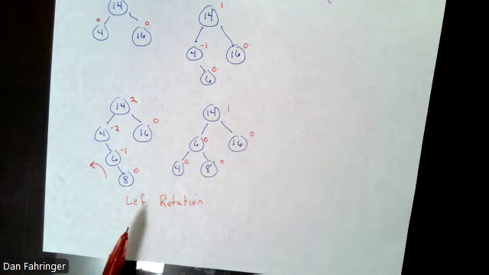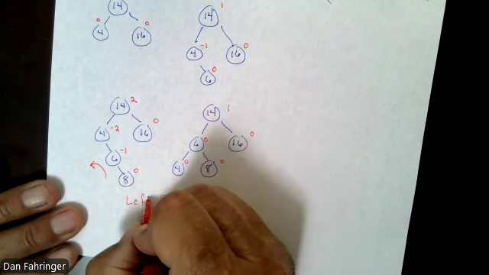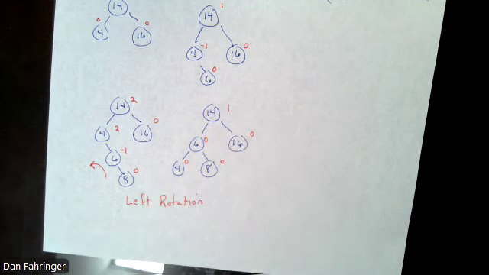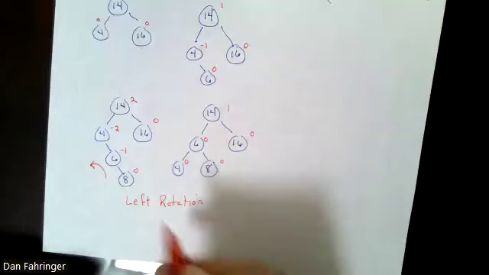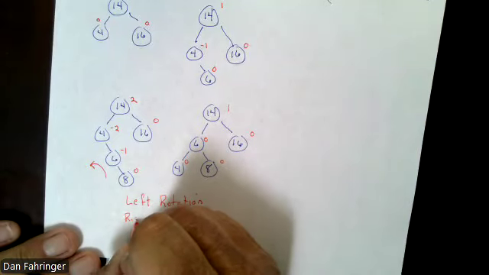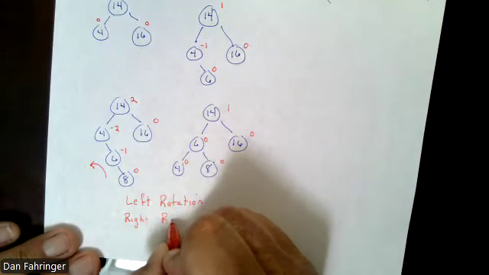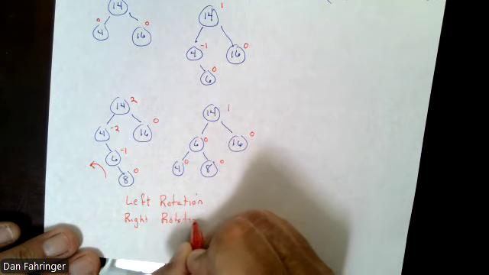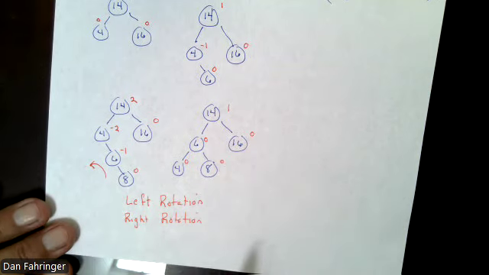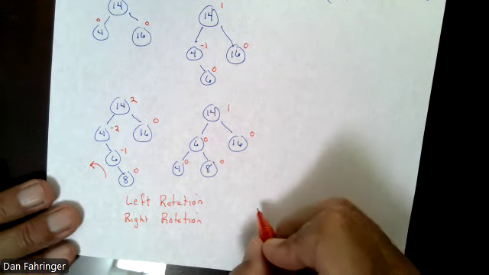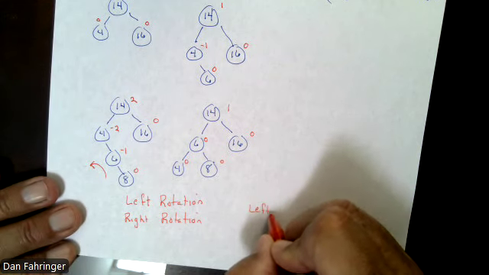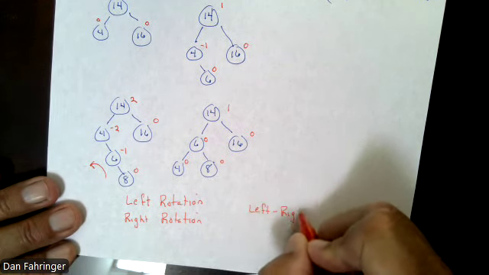Now, we're going to look, oh, left. Is that like Def Leppard? No, we have left rotation. Well, I'm assuming if there's a left rotation, there's a right rotation. There's going to be 2 more. The next one is called a left, then a right rotation.